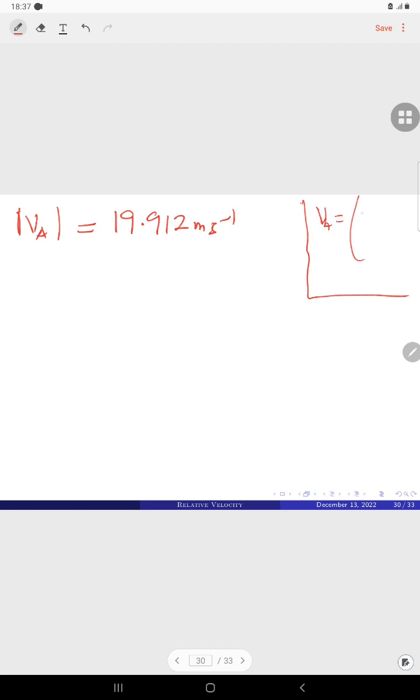It's left with the direction. 10.2494, and we have 17.0711, right? Don't forget, as I did in the previous lesson, there's positive y, negative y, positive x, negative x.